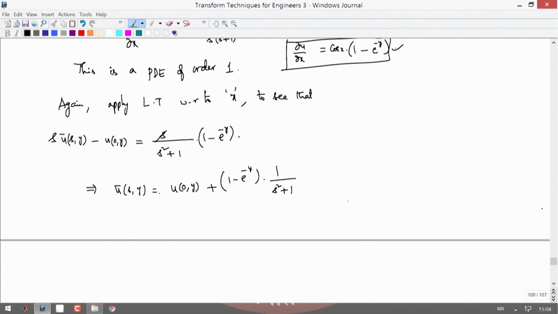So, you divide this, you have 1/s, and this you have 1/s.